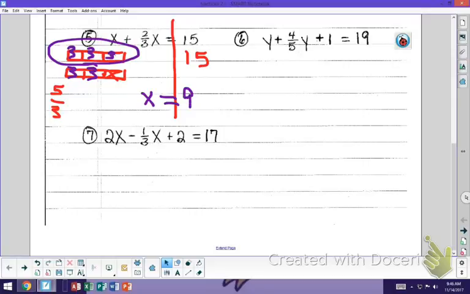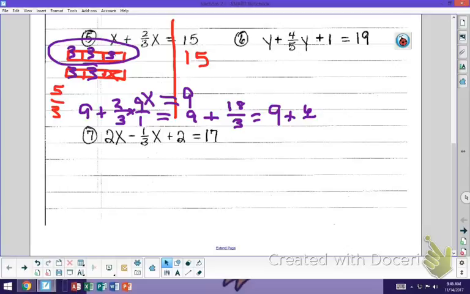So to check this, I have x is 9 plus 2/3 times 9. And again, we write that as a fraction. 9 plus 2 times 9 is 18 over 3, which becomes 9, plus 18 divided by 3 is 6, and 9 plus 6 does equal 15, so it checks.